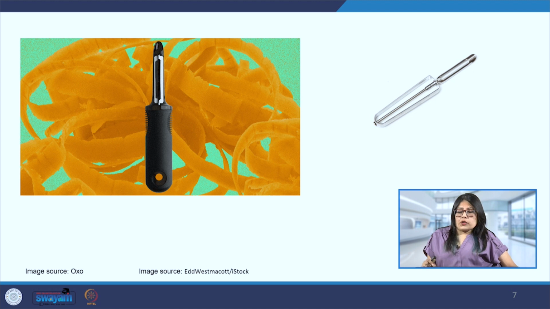The handle is a smooth stainless steel handle, and the peeler itself is sort of a fin wheel sort of thing. Betsy, Sam's wife, had arthritis in her hands, so she was having a lot of difficulty peeling the apples with this peeler.